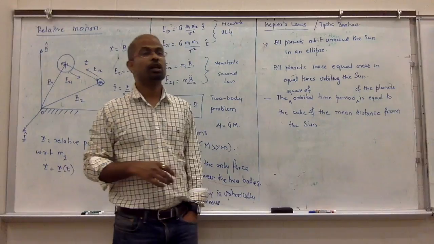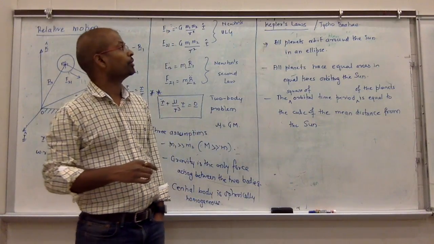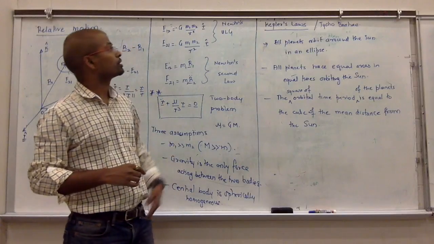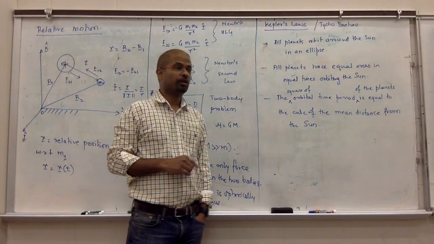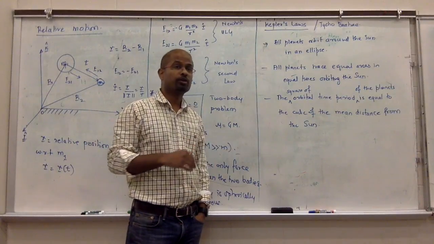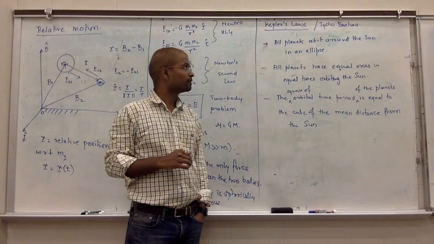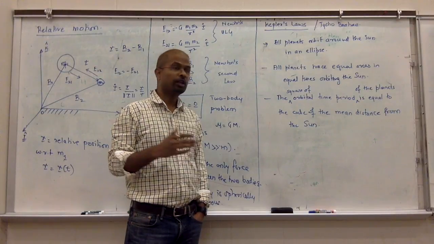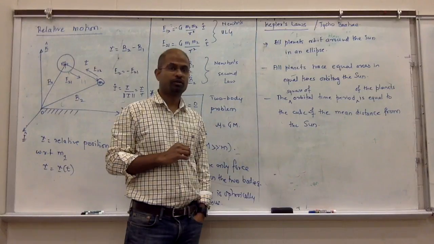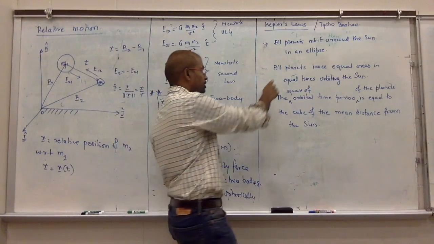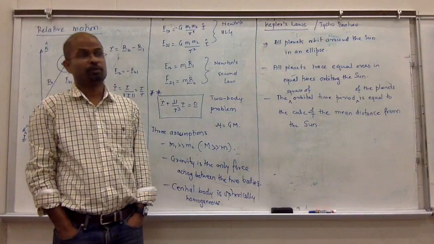So this is Kepler, Johannes Kepler, and that is Tycho Brahe. Tycho Brahe did a bunch of observations over several years, and Kepler looked at those observations and did calculations. So the first law says all planets orbit around the sun in an ellipse.